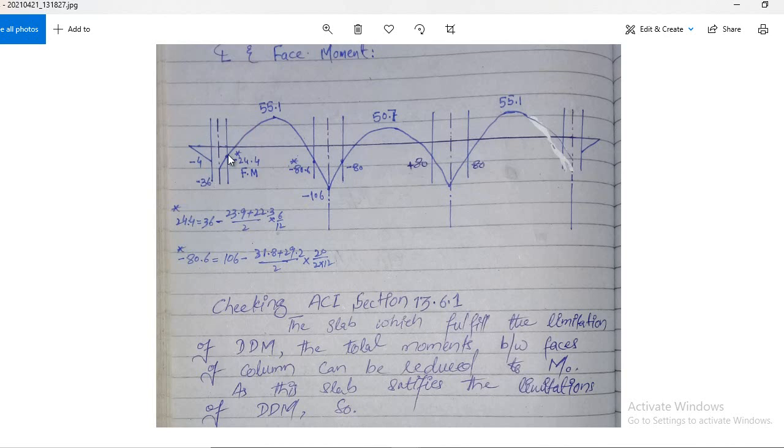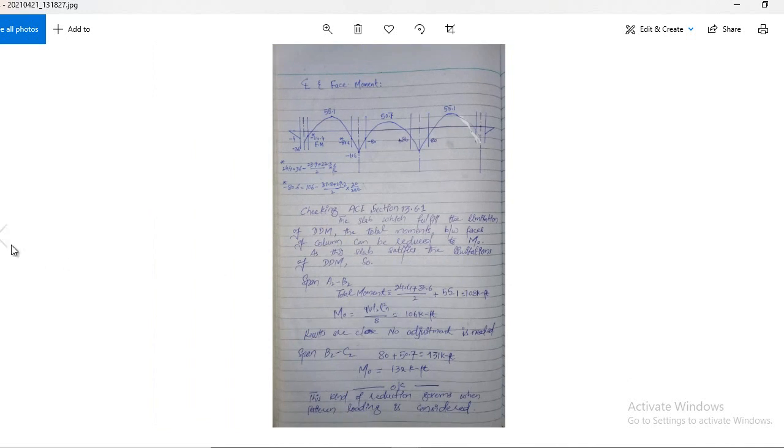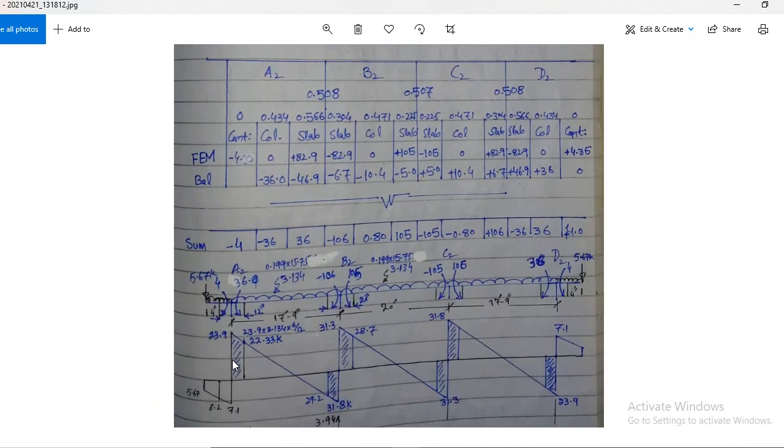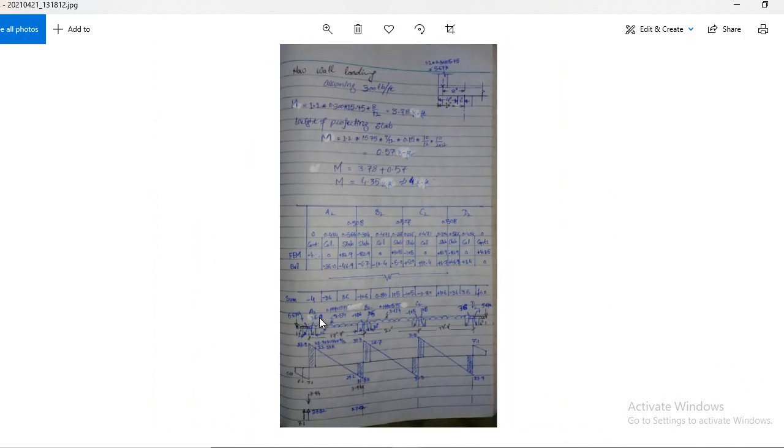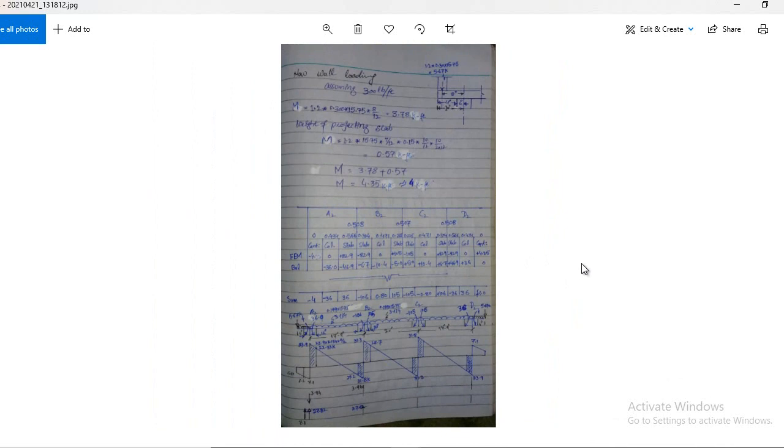And the face movement is -24.4. How did I get this? You see the procedure. This 23.9 plus 22 is the shear area for that portion. This is a trapezoid, so find out the area and multiply it with that distance, that is 6 inch.